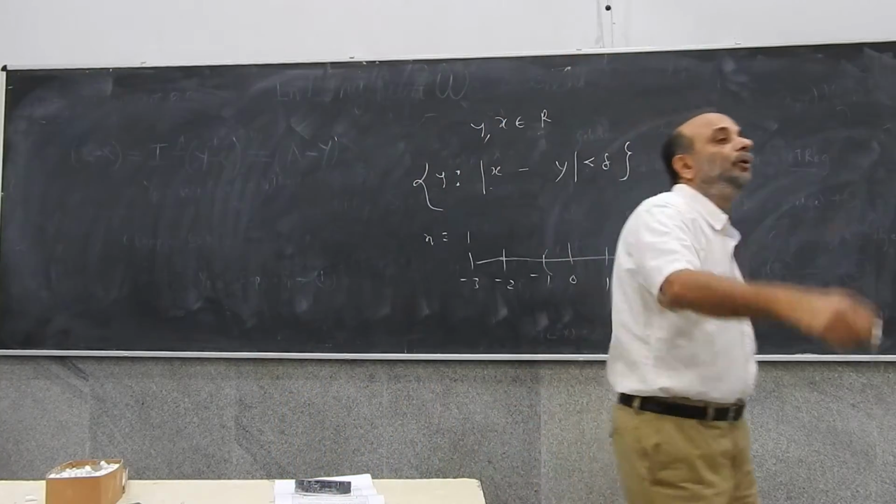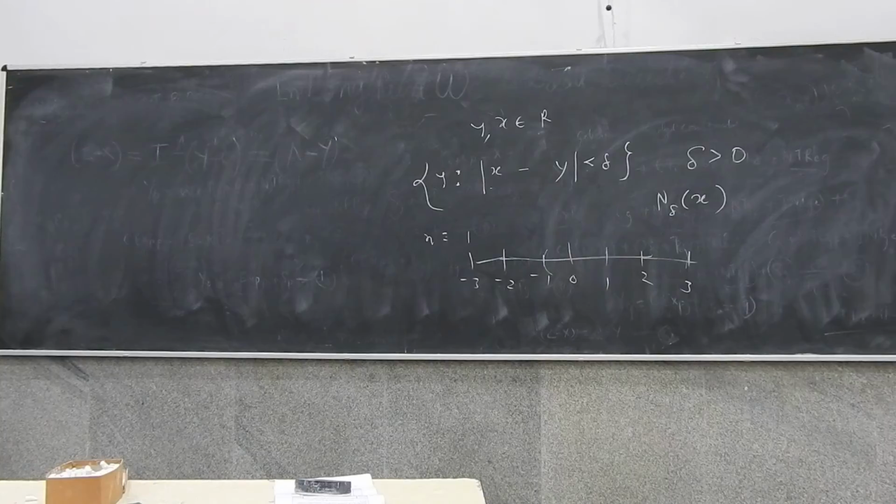So what would a delta neighborhood be around x? Can somebody quickly say what that would be? If you have to define a delta neighborhood around x, how would you do that?